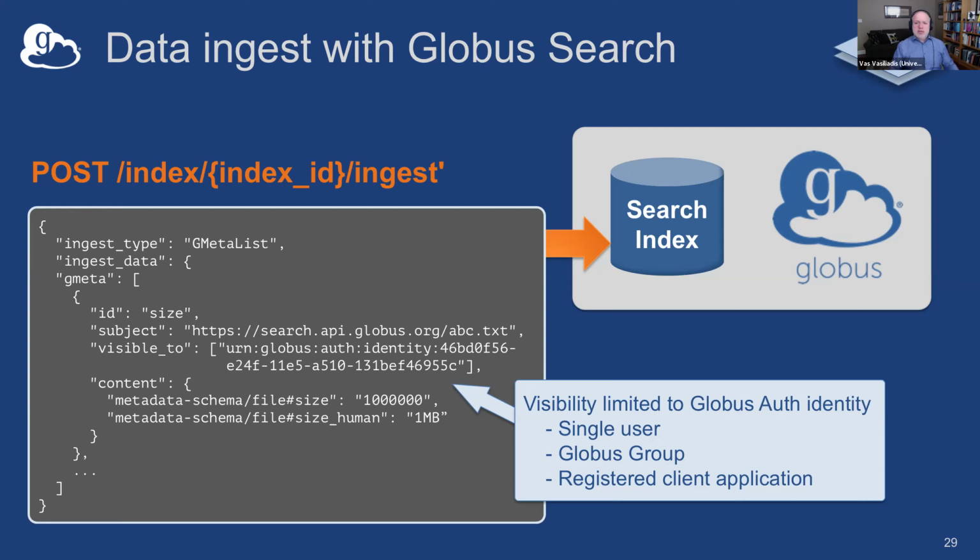Or if I'm doing this in a more automated fashion, and I expect other applications to access this index, I can restrict visibility to a specific client application or a set of applications. Again, these are all things that you define as a user. There's no preconceived notion of access control. It's really up to you to implement the policies that you want.